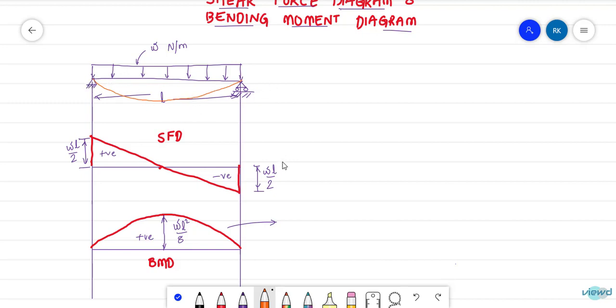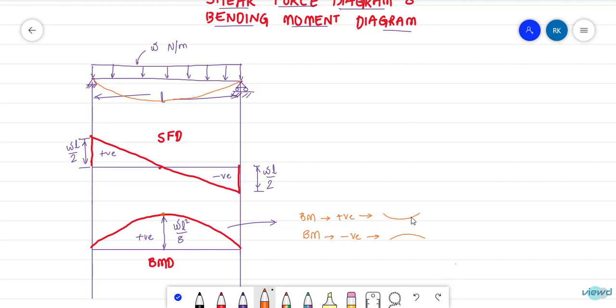If the bending moment is positive, then how is the structure deflected? It is deflected in this way. When bending moment is negative, the structure will be deflected in this way at that point. So from bending moment positive or negative, we can know in what way the beam deflects.